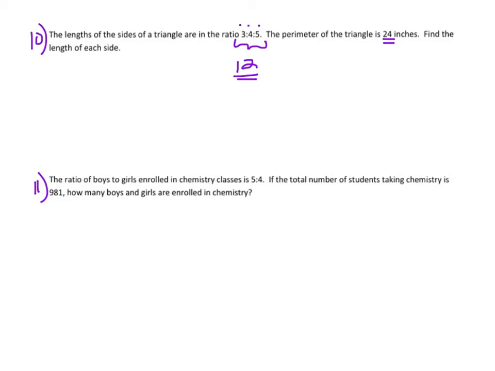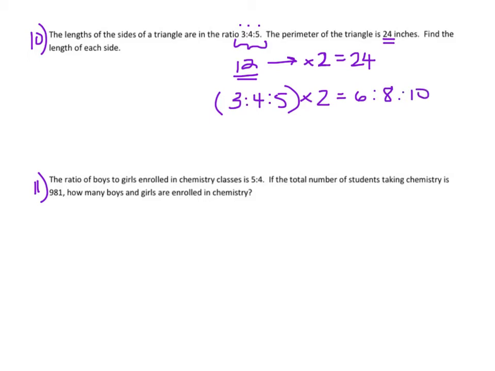If you double 12, you multiply by 2, you get 24, and we can double the sides of the triangle. Instead of 3, 4, 5, we get 6, 8, 10, which does indeed add up to 24. Those are the three sides of the triangle: 6 inches, 8 inches, and 10 inches.